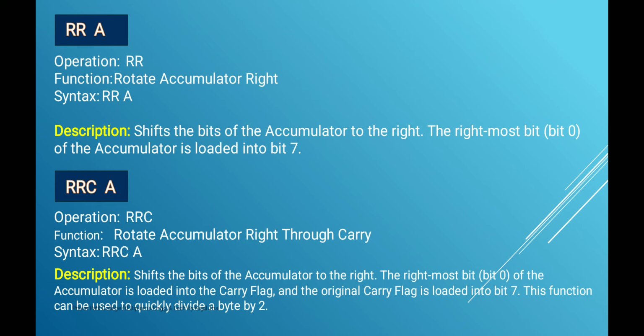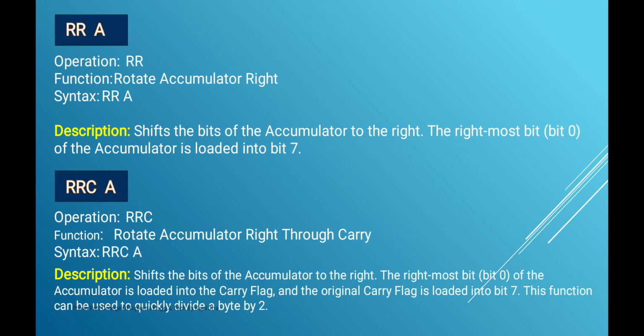Suppose the accumulator contains the value 11000101. Then after the instruction RR A, since D0 is shifted to the D7 bit, the last 1 present in the value moves to the front. Before the instruction, the first value is 11000101, and after it will be 11100010.